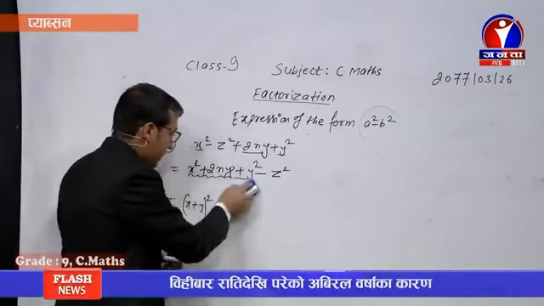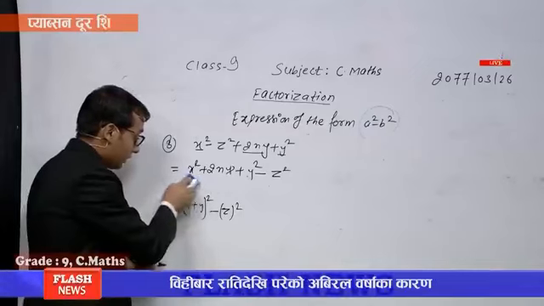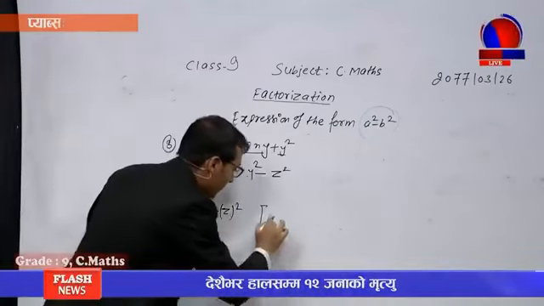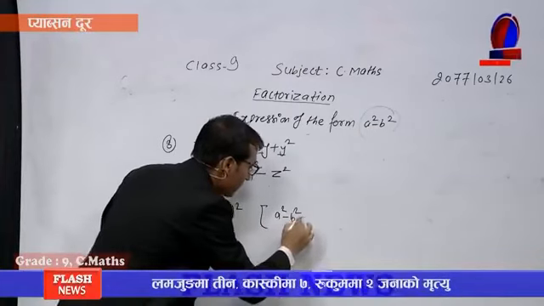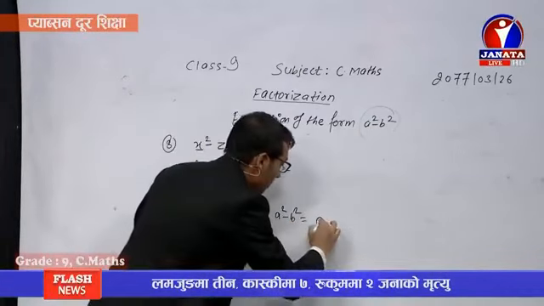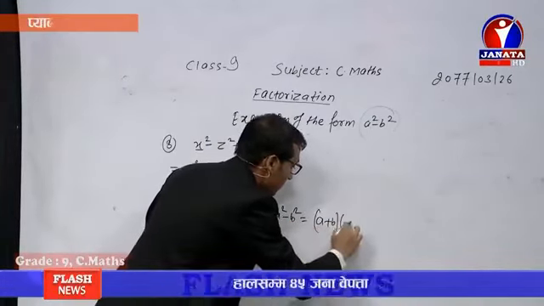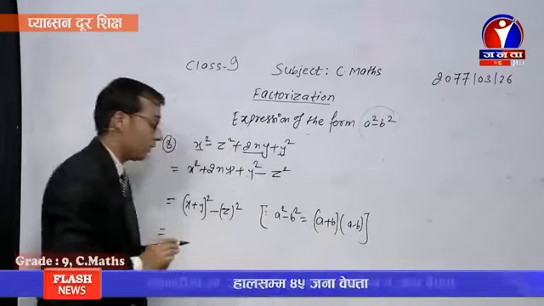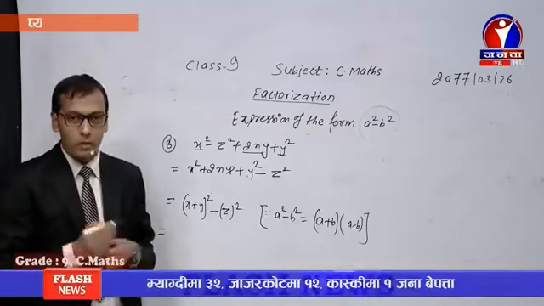Now let's factorize again. Now we know what a square minus b square is. What are the factors? A plus b times a minus b. So these are the factors of a square minus b square.